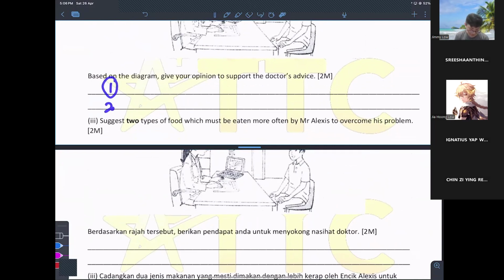So you can say, the feces is then easier to get pushed forward and discharged out through the anus. Najis dapat dilembutkan, oleh itu ia lebih senang ditolak dan dikeluarkan dari badan orang tersebut. Dari badan also can. So just mention it this way.